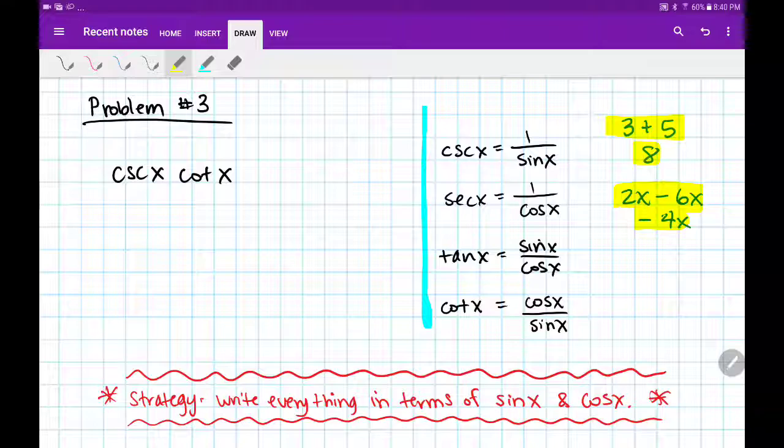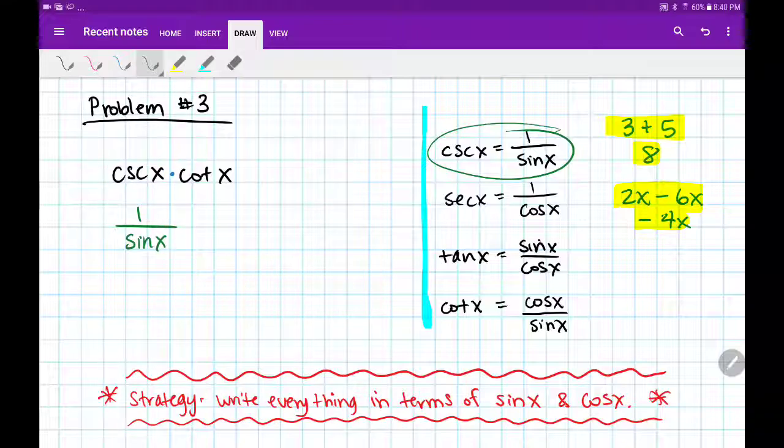So here's what it means. Look at the problem in front of you. Here I have cosecant x, and really it's being multiplied by cotangent x. Now I need to write everything in terms of sine and cosine. Well, right now, cosecant is not sine, it's not cosine, it's cosecant after all. So I need to rewrite it in terms of sine and cosine. So I'm going to use this formula. I'm going to rewrite cosecant as 1 over sine x.